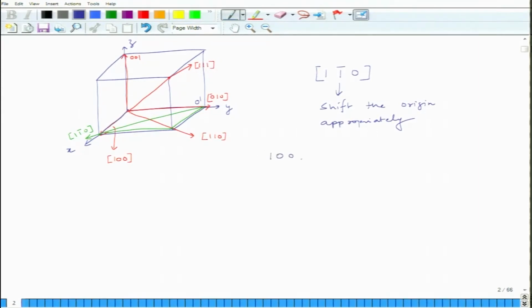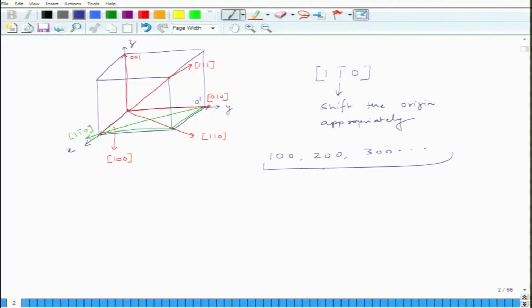And in direction you can see that 1 0 0, 2 0 0, 3 0 0 all are same directions. In case of planes we write 2 0 0 plane, 3 0 0 plane, because they have different spacing. In case of directions, when it is 3 0 0 direction, 4 0 0 direction, you do not write it as 4 0 0 direction, you write it as 1 0 0 direction, because it is a vector.